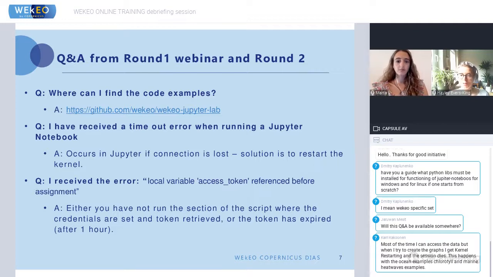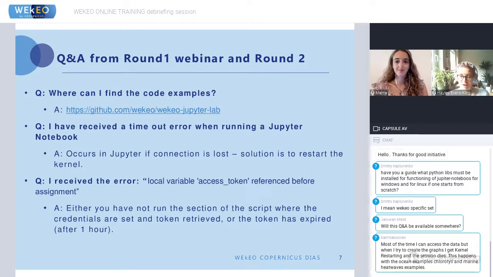So in each script, you have to put in your own username and password, and then you have to run a couple of steps in order to get the token that you need to access the harmonized data access. If you haven't done that, then this error will occur when you try and then run your download, or you try and access the data further on in the script. So you have to just go back to the start and make sure you run those things in sequence.